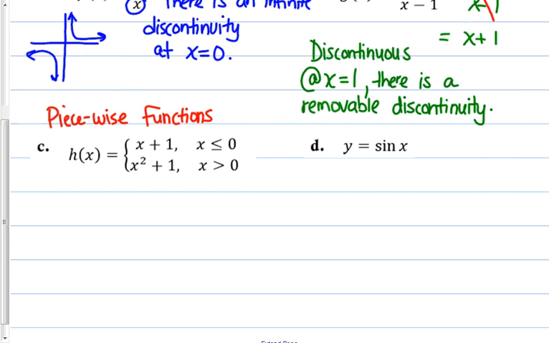So whenever x is less than or even less than or equal to whatever, the less than part is always the left hand limit. And then the part that's the greater than, that will be the stuff to the right of the graph. So that'll be the right hand limit.